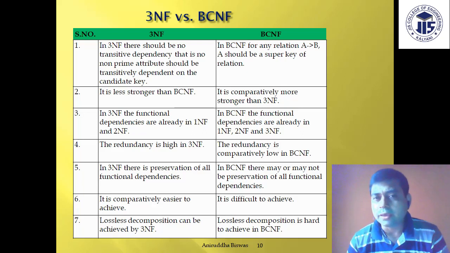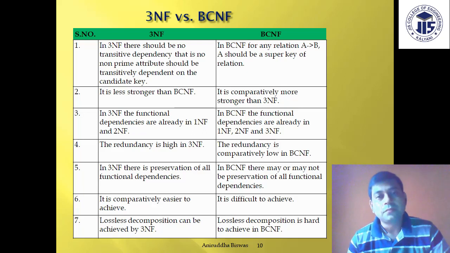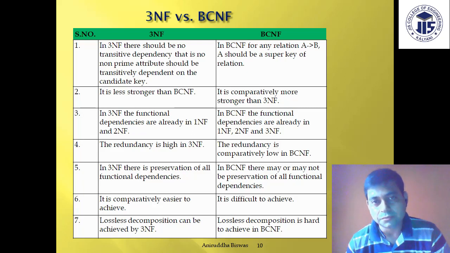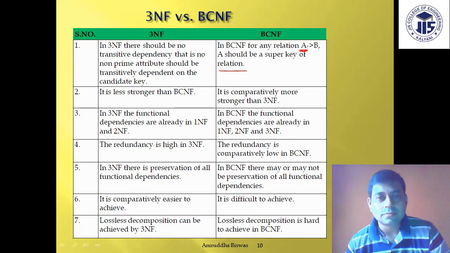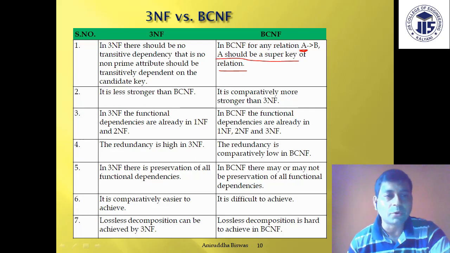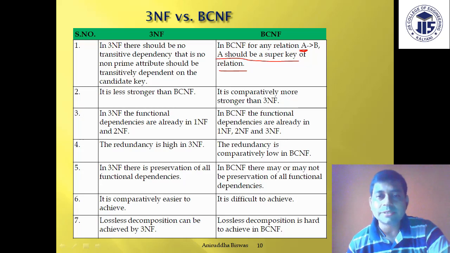Whereas in BCNF, for any relation, let's say A determines B, A should be a super key of the relation, right? So any determinant must be in the super key set. Okay. Now the second point: 3NF is less strong than BCNF, and BCNF is comparatively stronger or stricter.